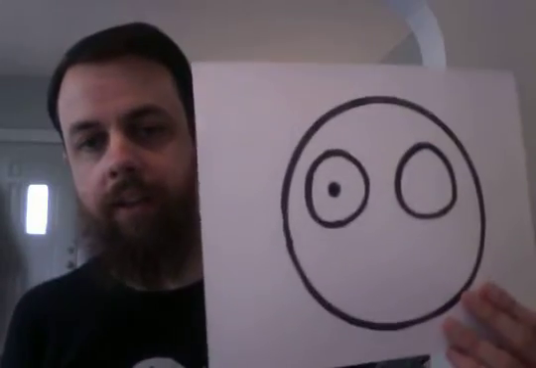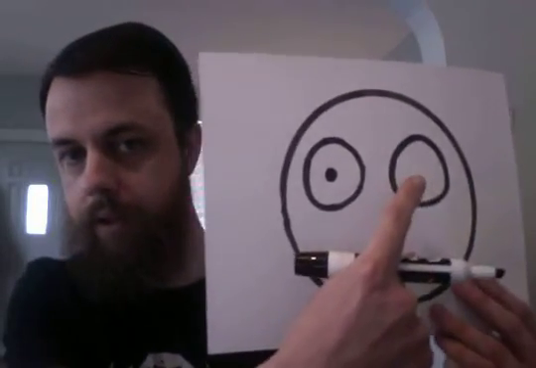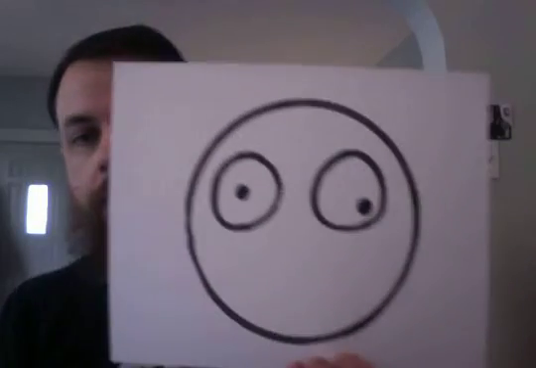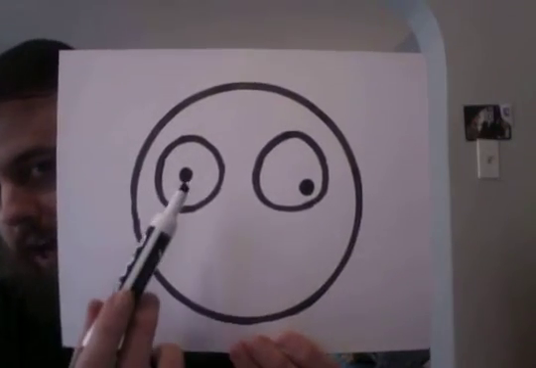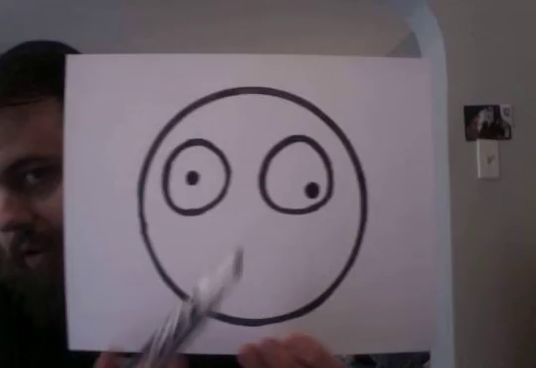So the first one I did, it's in the middle, but I think for this one, it's going to be like looking the other direction, so it looks a little funny. So I have one eyeball facing forward and one to the side.